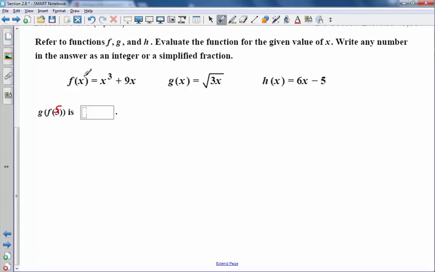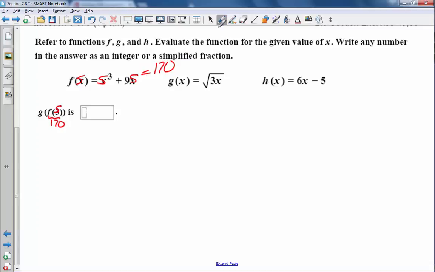Alright, send 5 into F bus. What is the answer? 5 cubed, 125, 45, 125, 45 more, 170, right? Okay? Now this is 170.